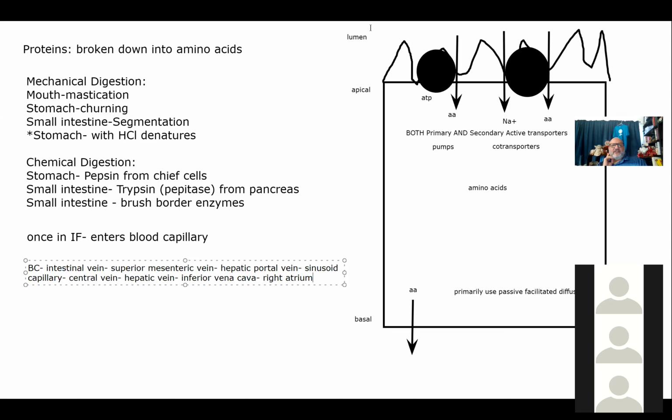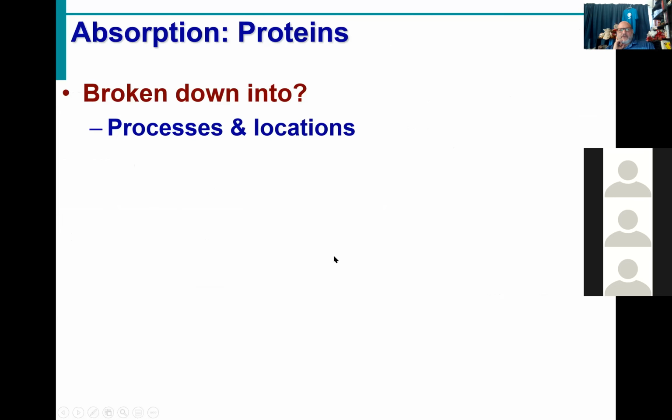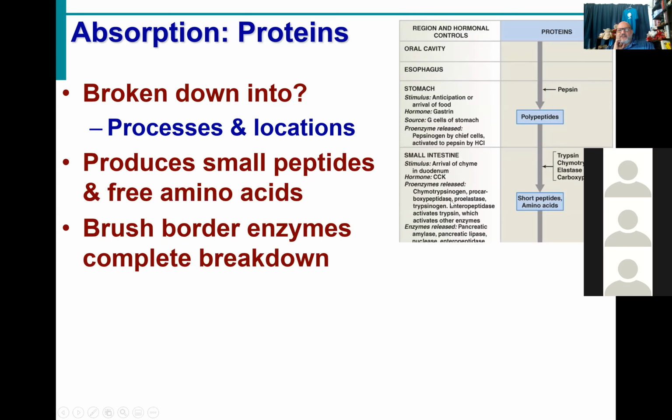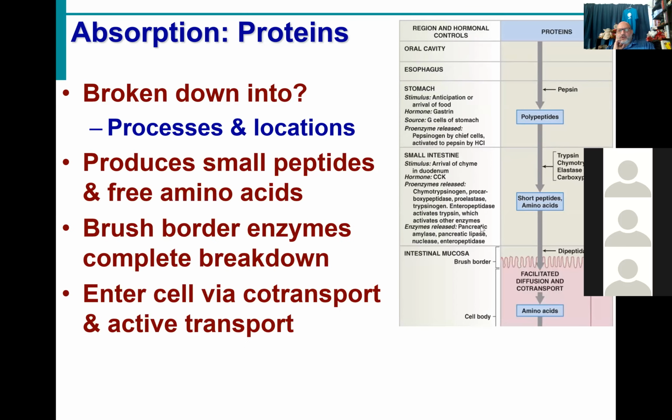Again, your book does a nice job of describing this. So we've done all of this. So again, the goal here, whether it's in the oral cavity with the chewing, the churning in the stomach, the pepsin here, or enzymes of the small intestine from the pancreas, like trypsin, chymotrypsin, carboxypeptidase, things along those lines, and then those brush border enzymes, like dipeptidases and things along those lines, all help to break it down into those basic amino acids.